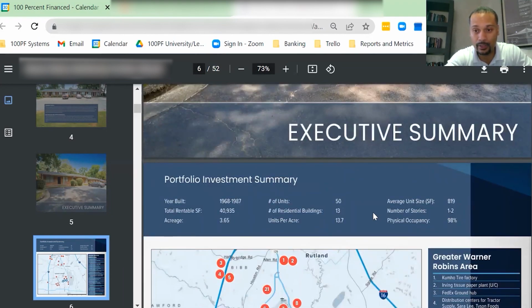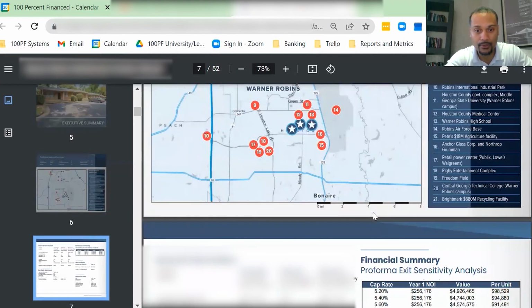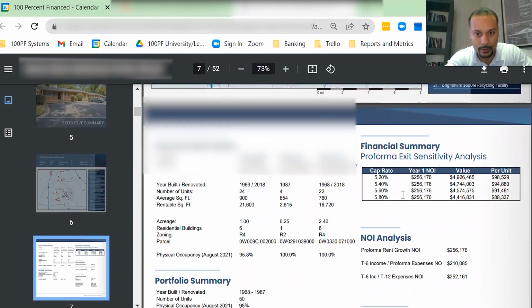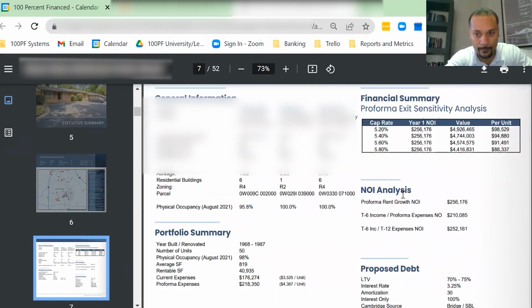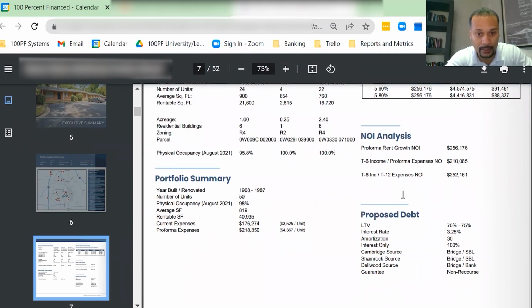So that's really good. The cap rate is a little bit low, and we want to see if there's any value add. Here are some details. That's important pertinent information just for a quick analysis.